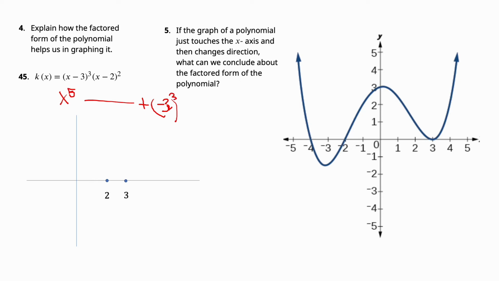So I put negative 3 to the 3, negative 2 to the 2, right? So that would be -3 times 4, which is -12. So I know that it crosses way down here, which makes sense because this is degree 5, so I know that the tail behavior has to go something like this.